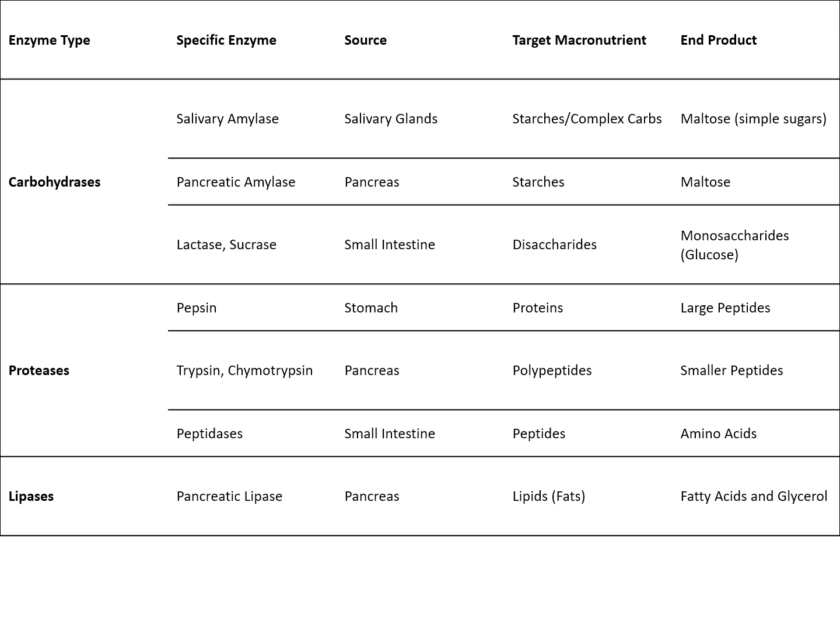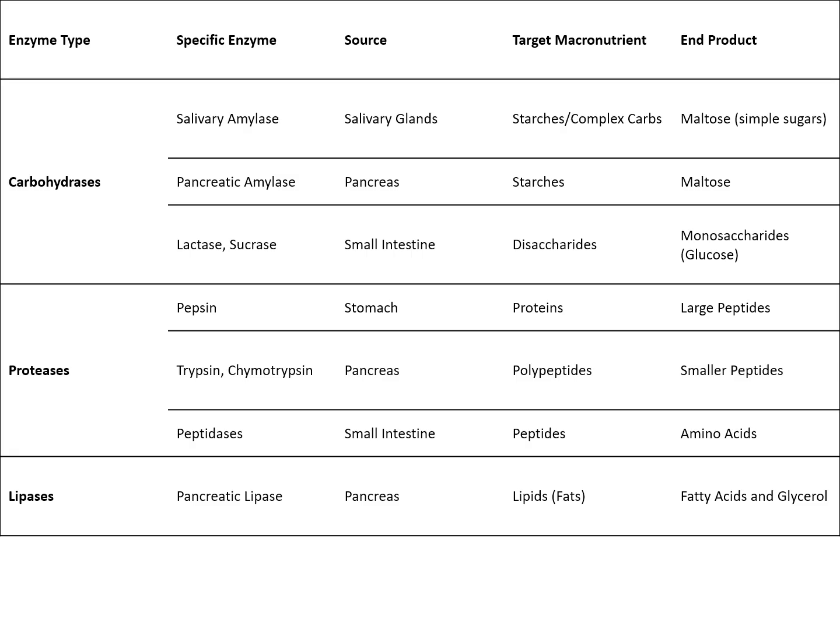And then our small intestine produces lactase and sucrase to further break down disaccharides into monosaccharides. And then the proteases, which include pepsin, trypsin, chymotrypsin, and peptidases. Pepsin comes from the stomach, all of which are designed to break down proteins.